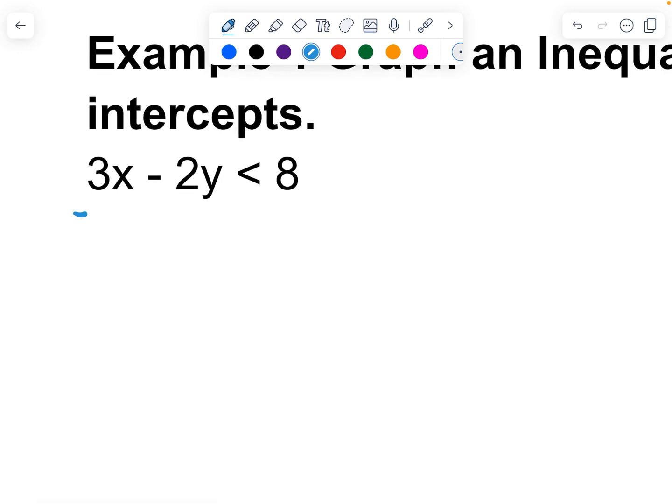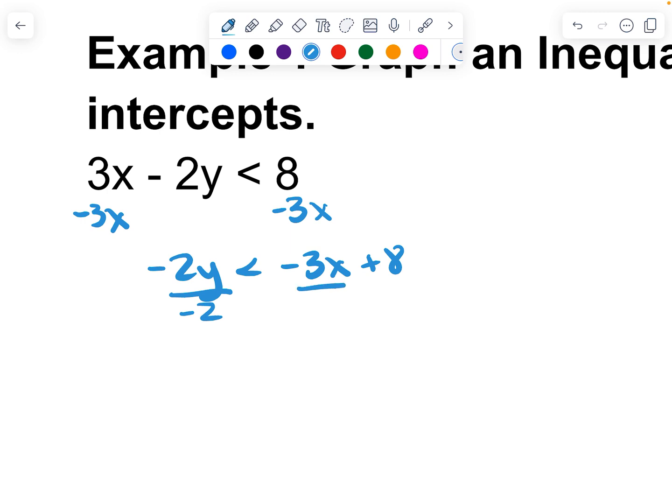So I'm actually going to solve this and get it into slope-intercept form. Divide everything by -2. Remember, when you divide by a negative, you have to change the inequality. So I'm going to get y greater than 3 over 2 x minus 4.